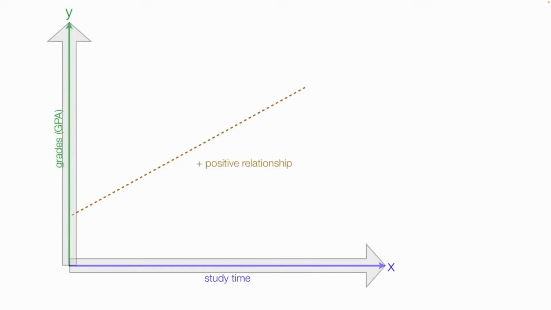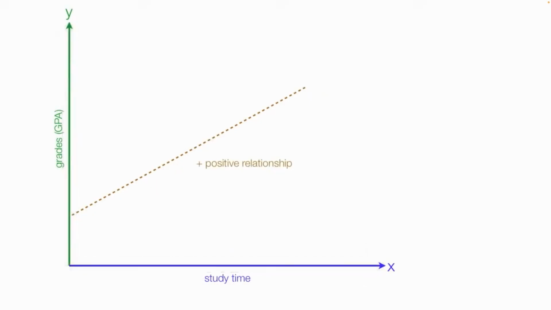In regression, we develop these equations like this. In this case, y hat is estimated grades, and it's based upon, or it's equal to, b naught plus b1 times x, where x is study time.